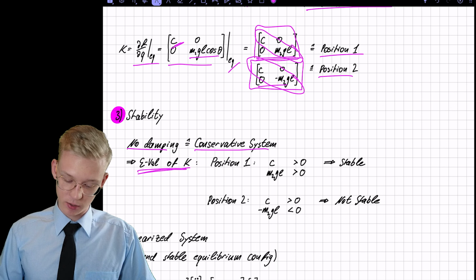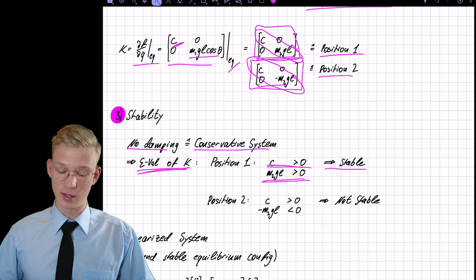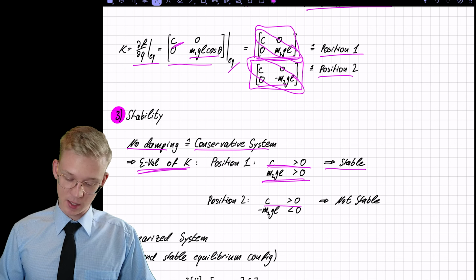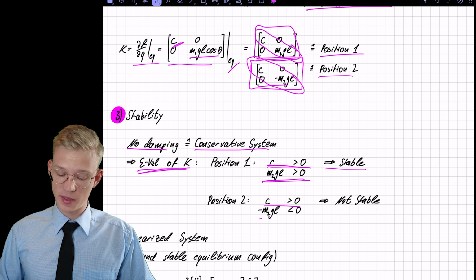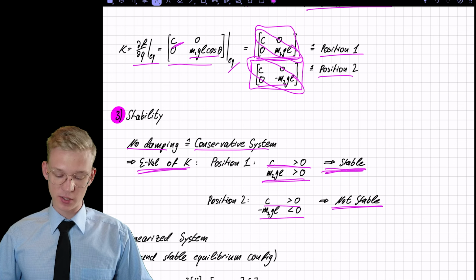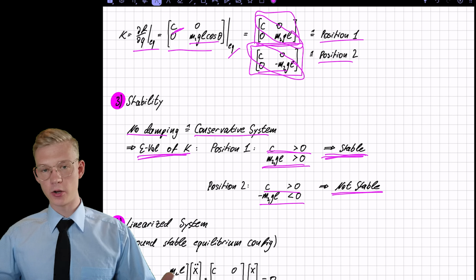In the first position, we have c and m2 g times l, and they are both larger than 0. In the second position, we have c, again larger than 0, but then we have minus m2 times g l, and this is negative. So we see that the second position is not stable, while the first position is stable, because both eigenvalues are larger than 0.